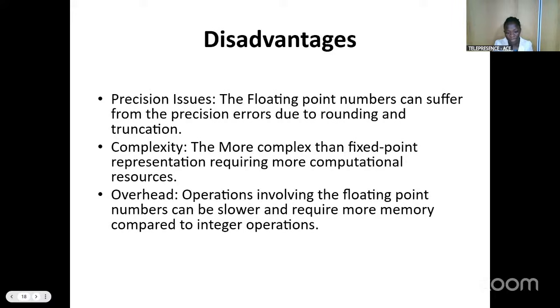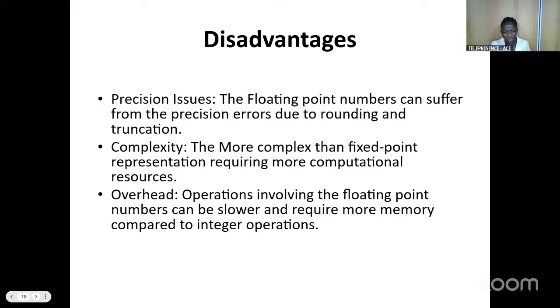So the precision issue is still an ongoing issue, in the sense that when you have a number, somebody will say, if it is 6.5, you have to round it up to 7. 6.5 does not mean 7, but because of the precision issue, we have to round it up, adding some figures to the numbers that we had, which ought not to be there.